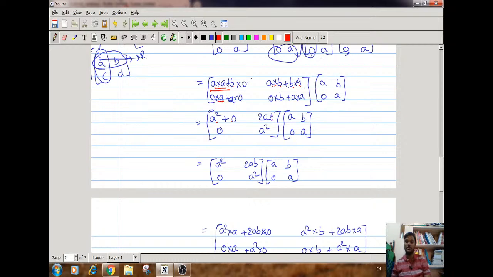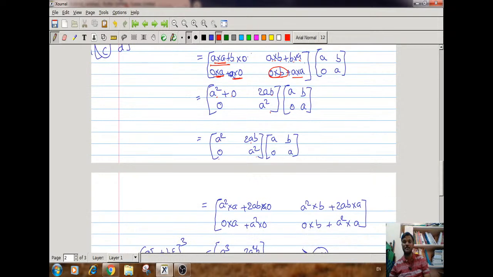A into 0 is 0, this term becomes 0, and here we will get 0 and A into A is A square. That's why I wrote the first matrix as [A² 2AB; 0 A²], and we need to multiply with another matrix [A B; 0 A]. So again the same process I applied.